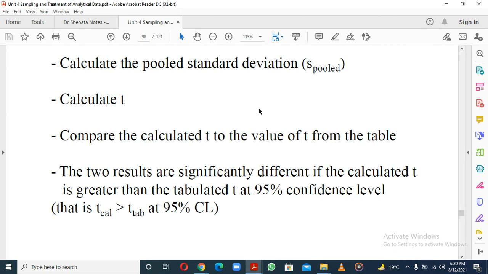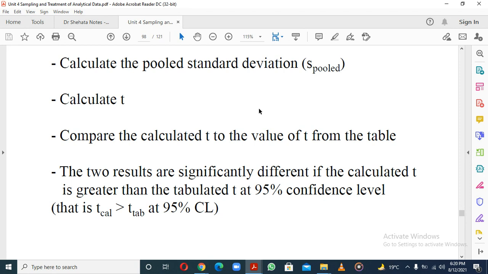And remember, you don't just add standard deviations, because like we said yesterday, standard deviation is not additive. That's why there is this formula that I'm going to show you. Hope we've gotten that point. Then you calculate the t-test value.